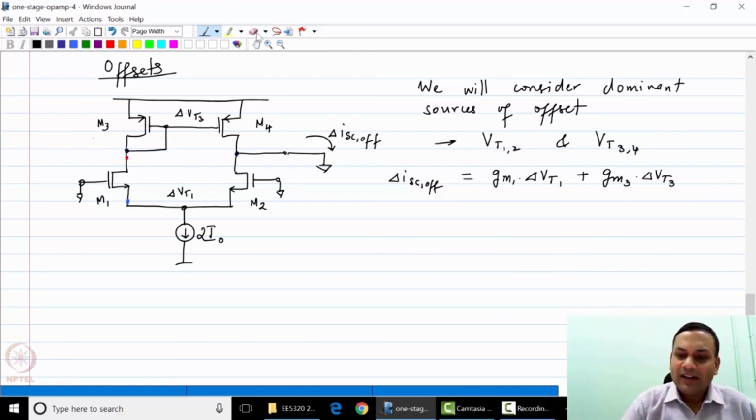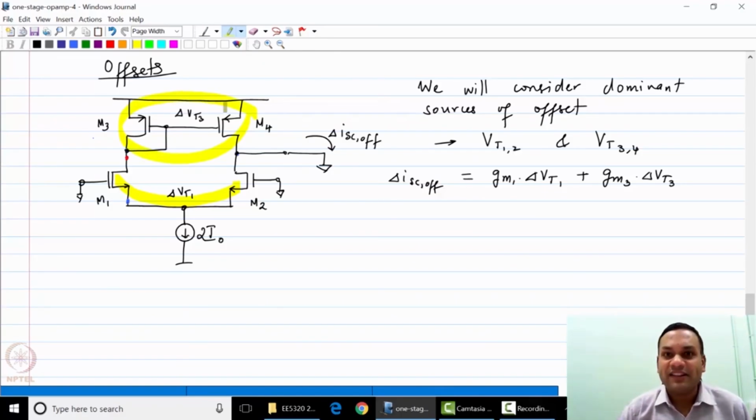That is purely because a difference in offset voltage between M1 and M2, the offset voltage delta Vt1, can be considered a small increment on top of the bias point, and same thing with M3 and M4. Therefore you can write the difference in the currents between M1 and M2 as GM1 times delta Vt1. The difference in currents between M3 and M4 is GM3 times delta Vt3, and clearly the sum of these two will flow through the output short circuit.